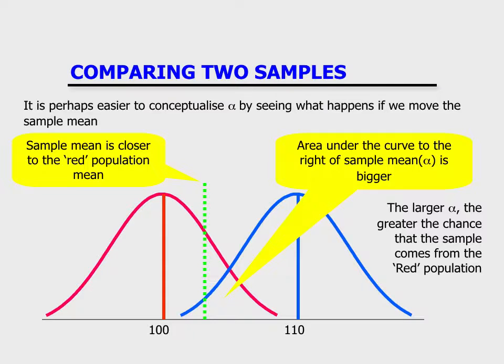Now, if you're doing research, you probably want your alpha level to be set at 0.05 or lower, because what you want to find is, almost beyond the shadow of a doubt, that your numbers are significantly different from the original population.